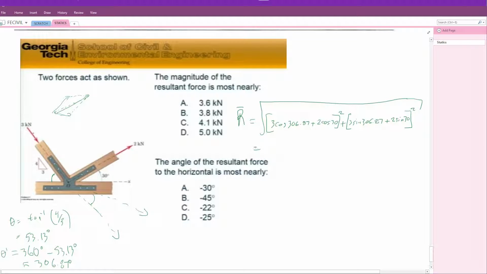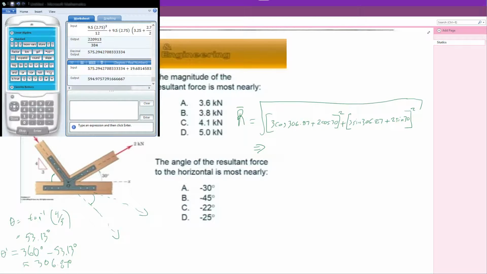Okay, so the resultant is going to equal, let me just calculate it real quick. Let me bring the calculator so I can do it in front of you so you can see. Here is my calculator. Let's see, we have square root. Standard mode, I think. Yeah, standard.